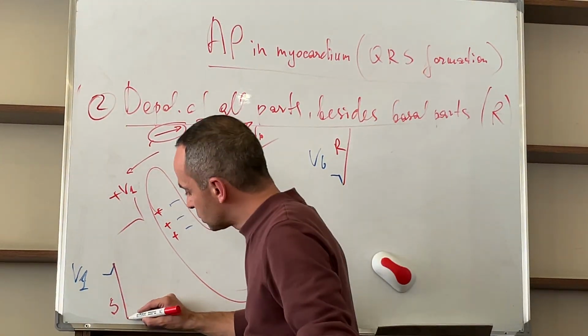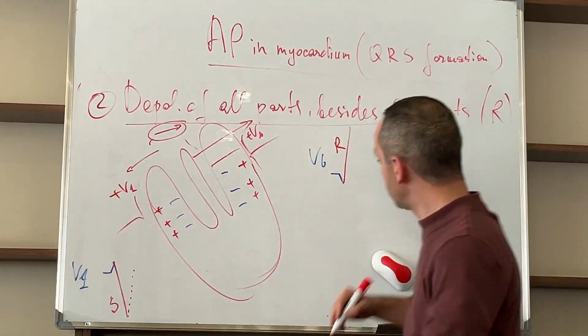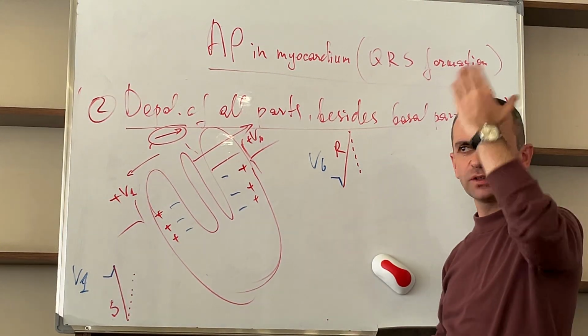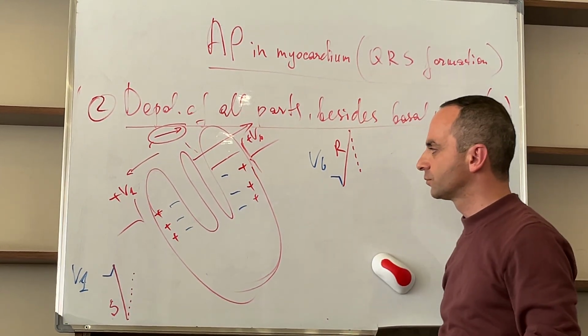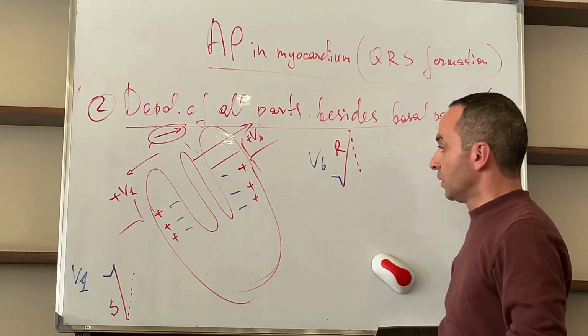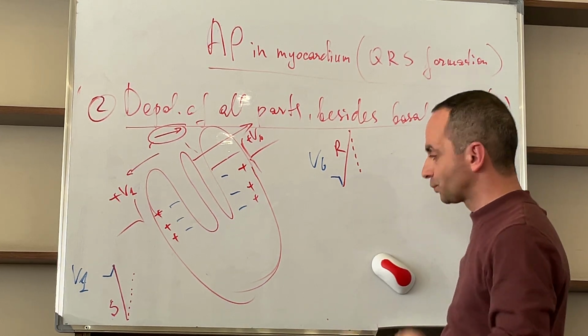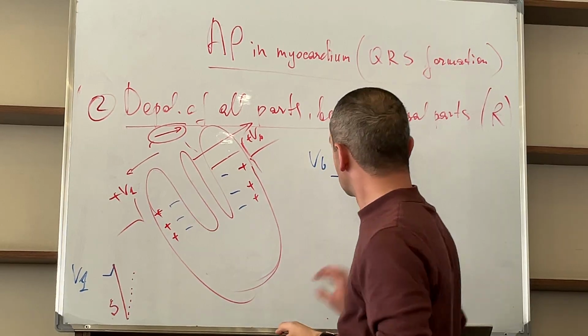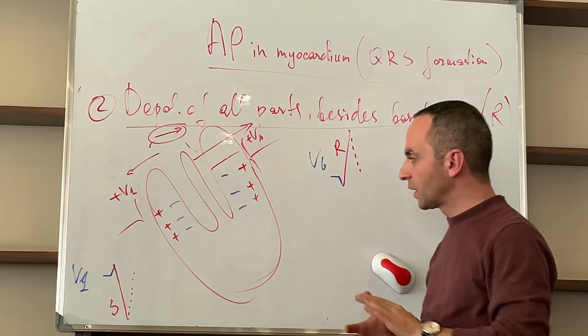Then this will come to its baseline. Then this will come to its baseline. Of course, the depolarization is over. Gradually increases, decreases. Is it clear?